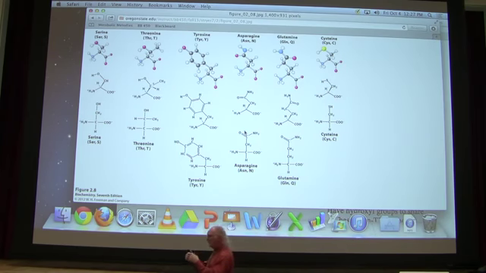The disulfide bond is very strong because it's a covalent bond, and it can help to stabilize overall protein structure. We'll see some clear examples of that later. If I put two cysteines close together in a protein, they will form that disulfide bond and help stabilize the structure of that protein.